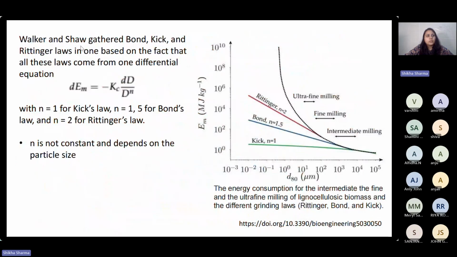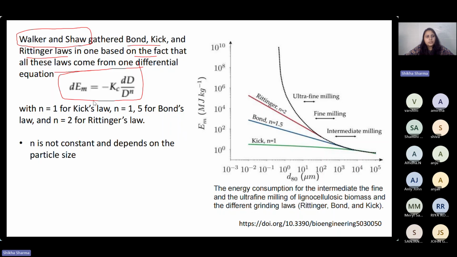Then there are the scientists Walker and Shaw. They gathered Bond's law, Kick's law, and Rittinger's law into one, based on the fact that all these laws come from one differential equation, which is this. This equation governs all these laws: Bond's law, Kick's law, Rittinger's law.